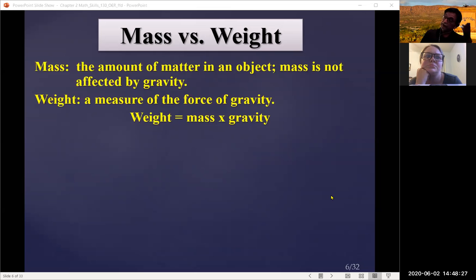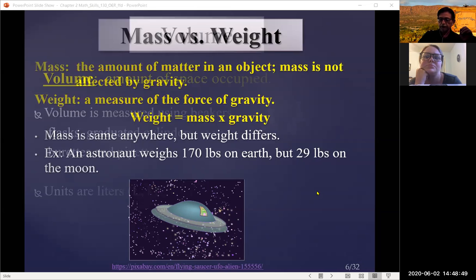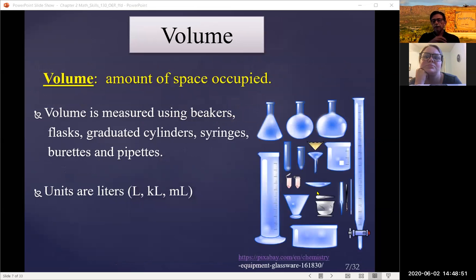Here on Earth, gravity is 9.8 meters per second squared, but we're just going to keep the same units when we talk about mass and weight. We're not going to complicate it. An astronaut weighs 170 pounds here on Earth. Go to the moon, and you're looking at about 29 pounds, simply because of the gravitational force.